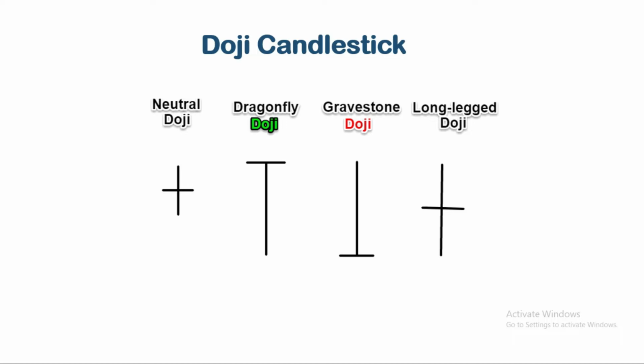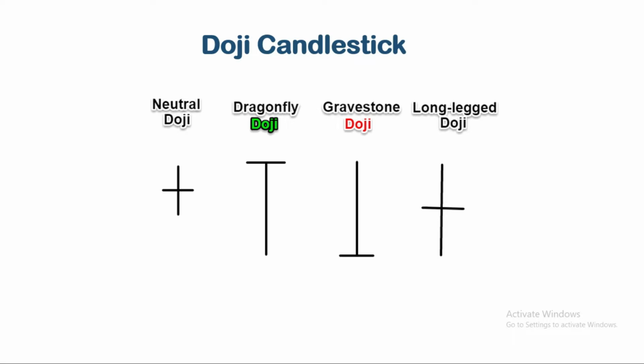If we talk about the dragonfly doji, the price opens, then suddenly a seller takes control and brings the price down to the low. Again the buyer becomes active and the price closes at the same price as the open, which creates this dragonfly doji. The second one is the gravestone doji.